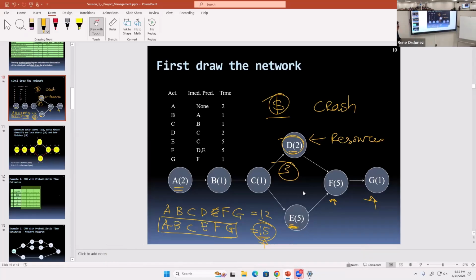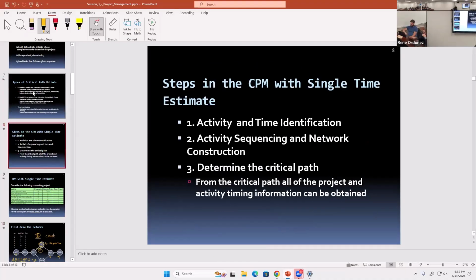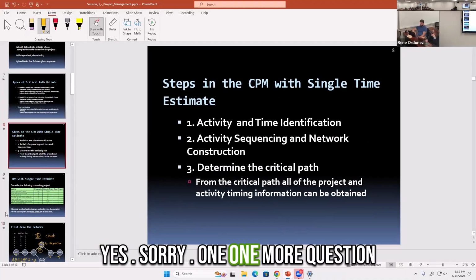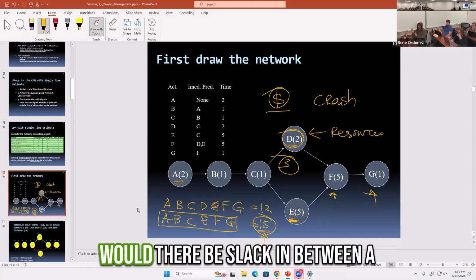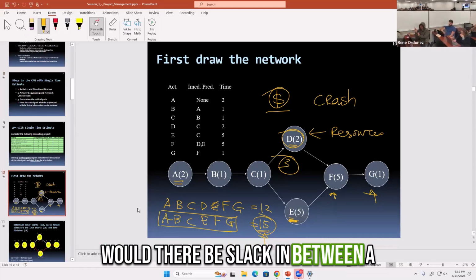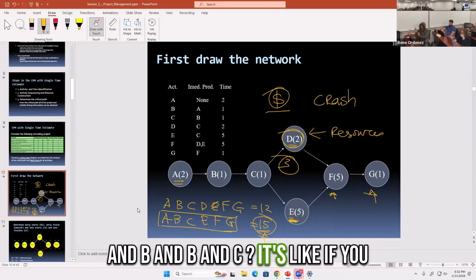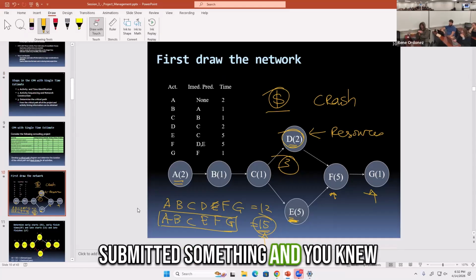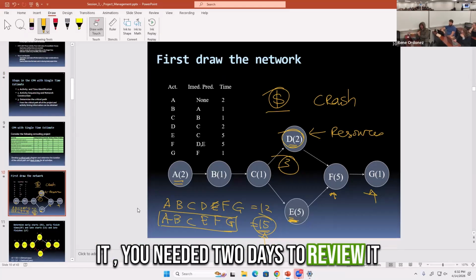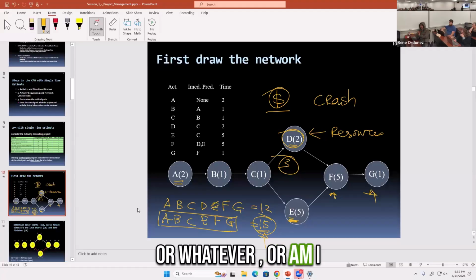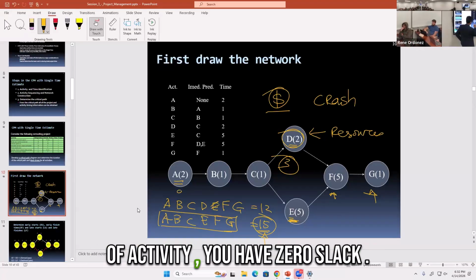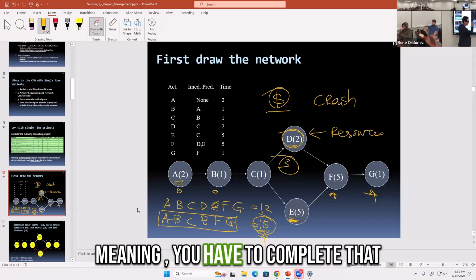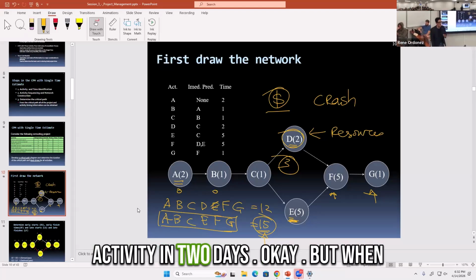Okay? Sorry, one more question about the slack thing. Would there be slack in between A and B and B and C? Like if you submitted something and you knew you needed 2 days to review it? Or am I misunderstanding? No, there's no slack here. When you have a critical activity, you have zero slack, meaning you have to complete that activity in 2 days.